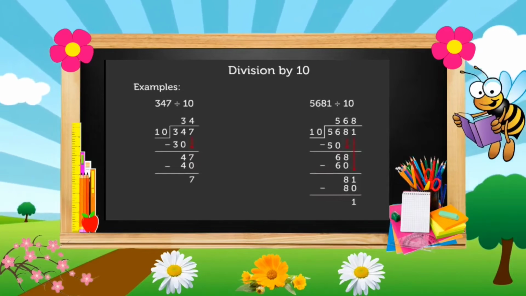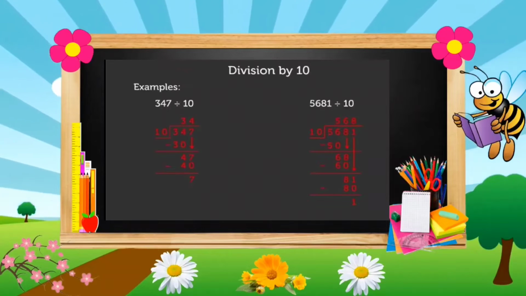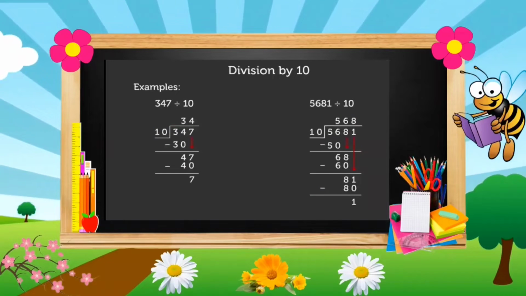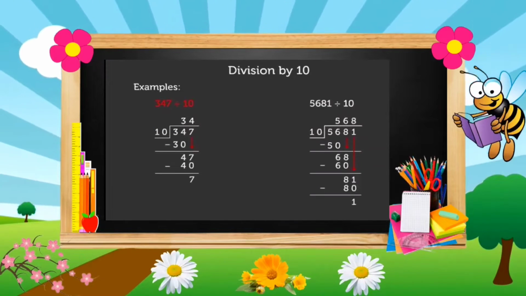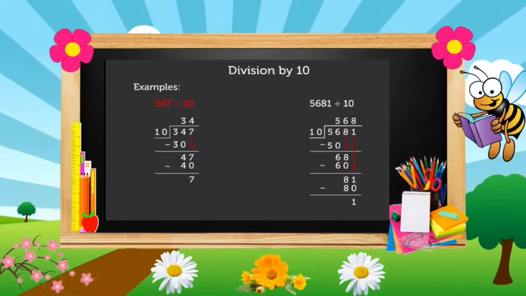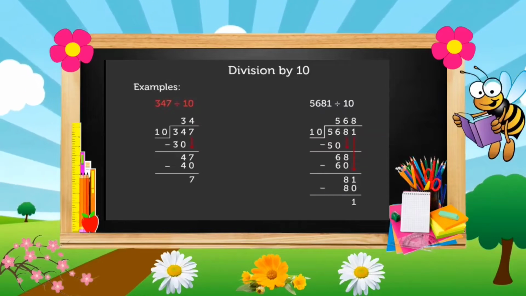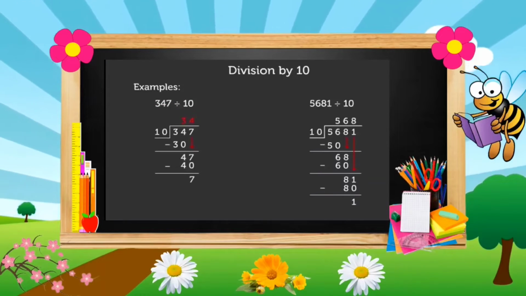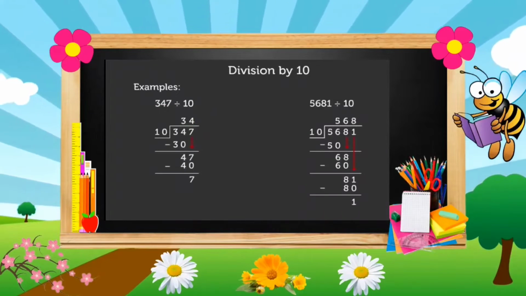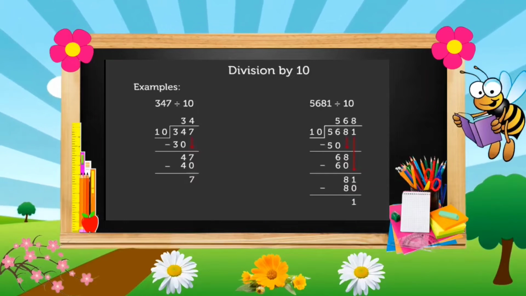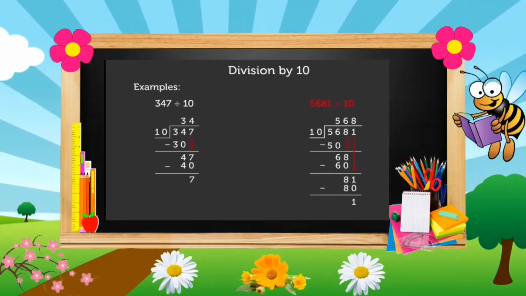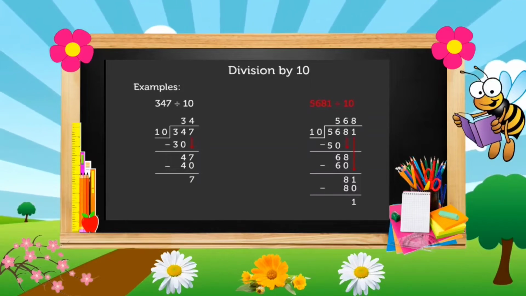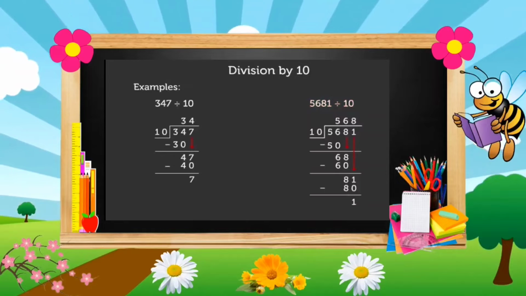With the division by 10, look at the board. We have solved 2 examples by the division method. Look at the first example. 347 divided by 10. Here we got the quotient as 34 and remainder as 7. Now look at the second example. 5681 divided by 10.